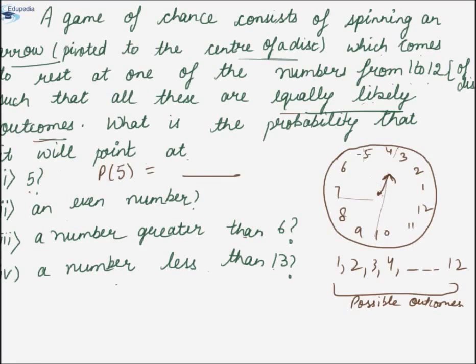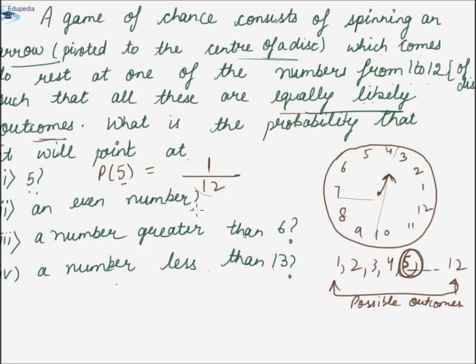Only when the arrow will point to 5, that particular outcome will be favorable to this event. So only one outcome is favorable to this event, whereas all in all we have total number of outcomes as 12. So the first probability is 1 over 12.